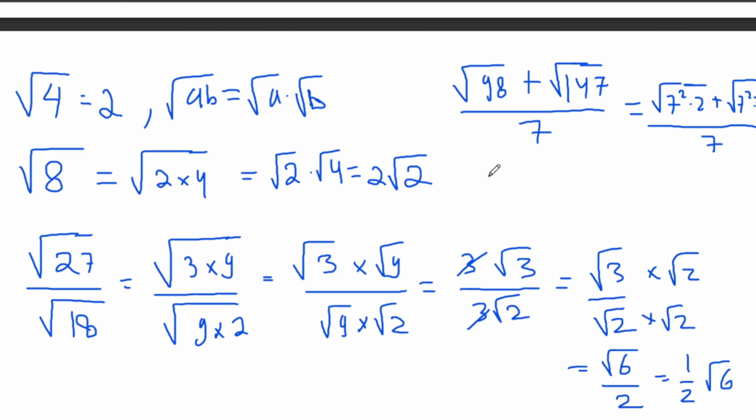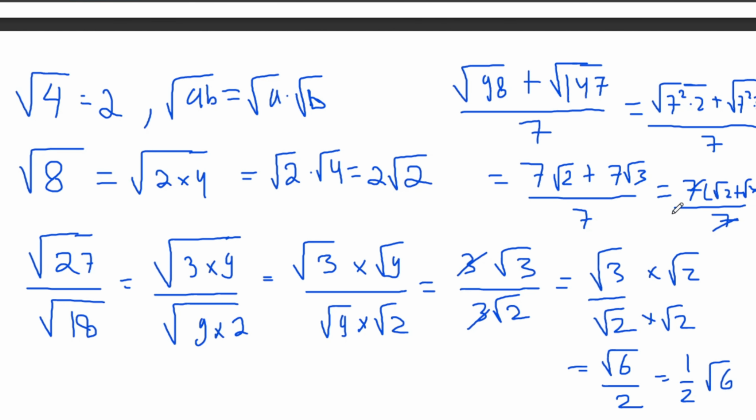So using the property, we will have 7 root 2 plus 7 root 3 over 7. What we get is 7 times root 2 plus root 3, okay, over 7.